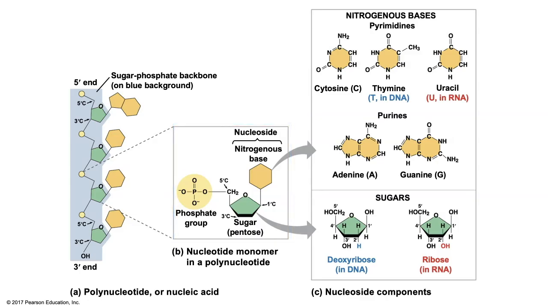Image C shows all of the building blocks that can be used to construct a nucleotide monomer. Let's walk through building one together. We'll start with the pentose sugar. Remember from chapter 4 that a pentose is a 5-carbon sugar.